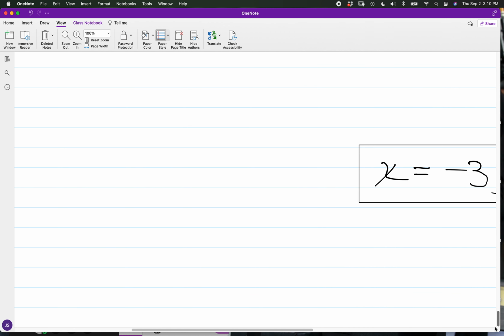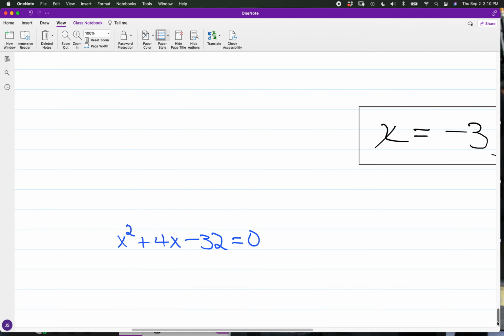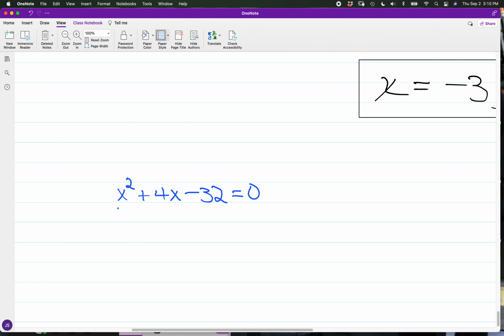So it's kind of like going back to looking at solving a quadratic equation. Like if you have x squared plus 4x minus 32 is equal to 0. So this is a quadratic equation.